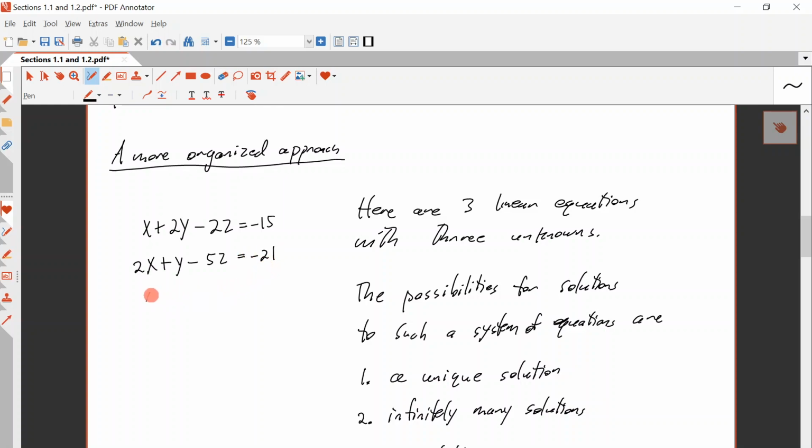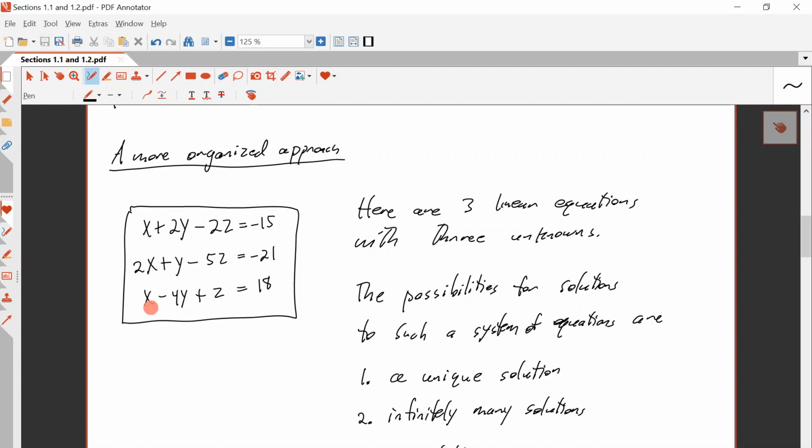And x minus 4y plus z is equal to 18. So 3 equations with 3 unknowns, and notice I have them written in nicely organized rows, with the x's in a column, the y's in a column, the z's in a column, the equals in a column, and the results in the column here.